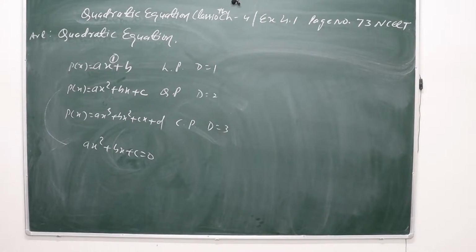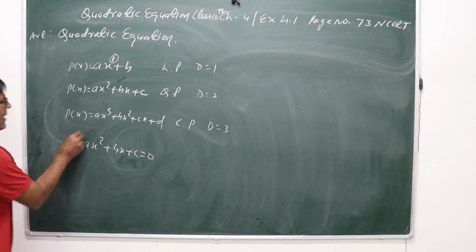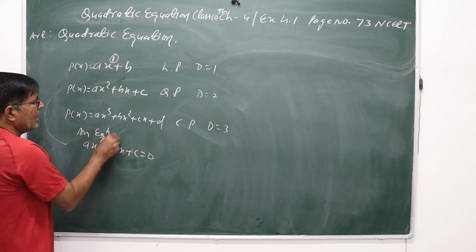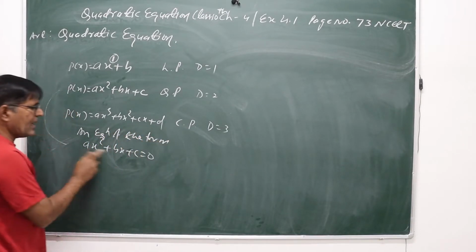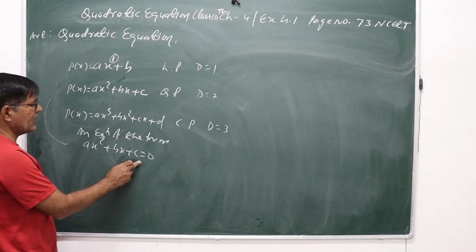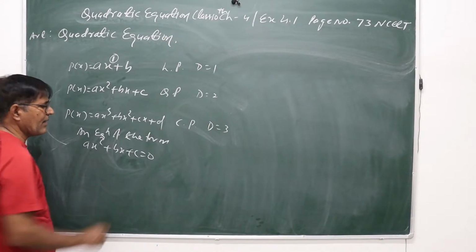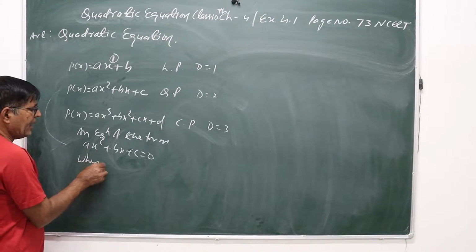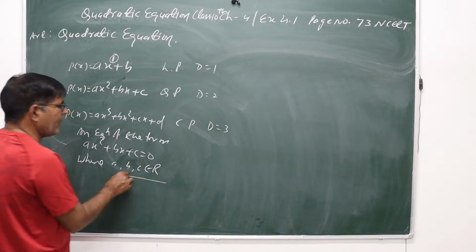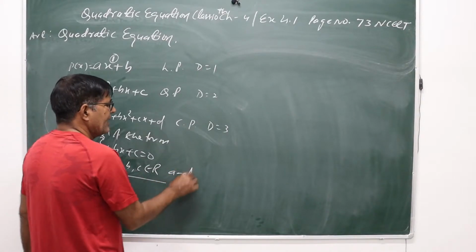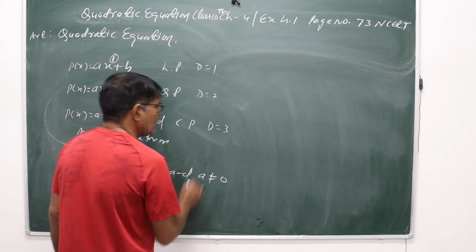So, the quadratic equation is an equation of the form ax square plus bx plus c is equal to 0, where a, b, c belong to the set of real numbers and a is not equal to 0.